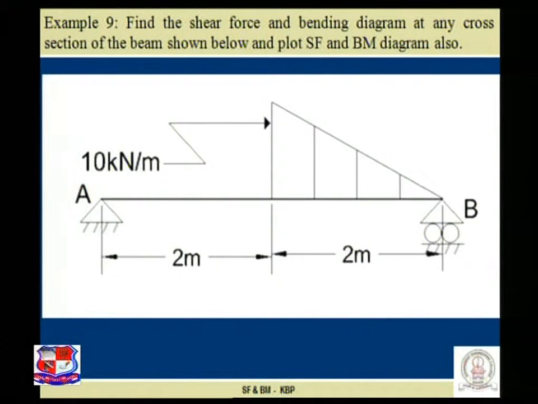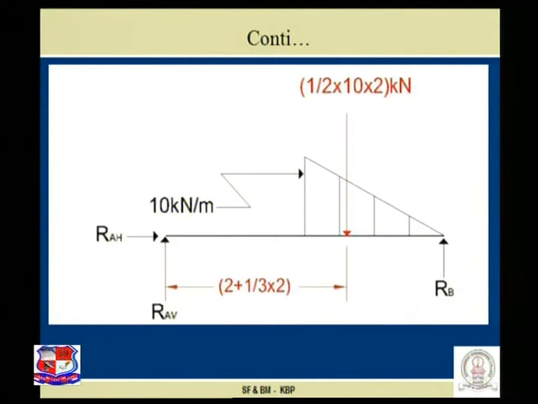So step number 1 for our case is to find out the support reactions. Before we find out the support reactions for the given beam, the UVL is converted in terms of the equivalent point load, that is half into 10 into 2. Now sigma H is equal to 0, only RAH is there, no external load is acting, hence RAH is equal to 0.